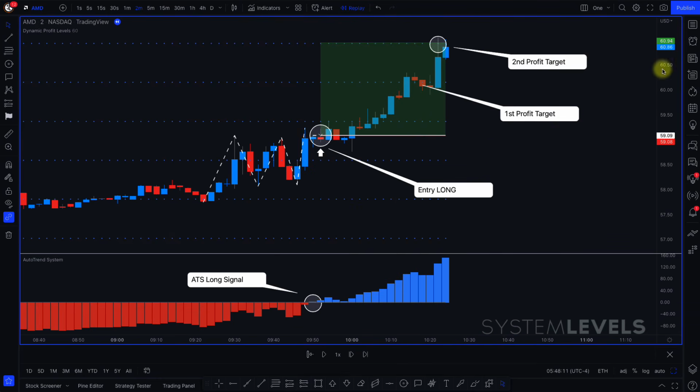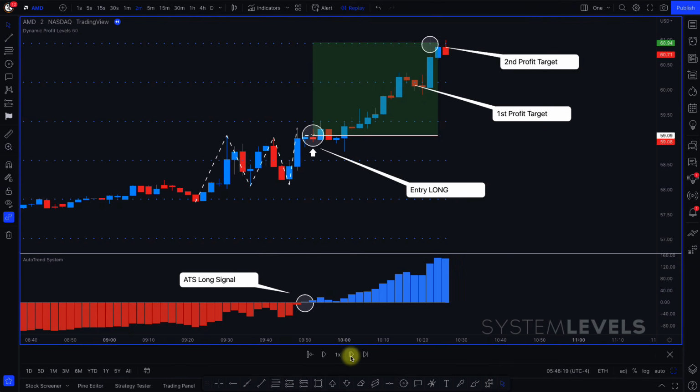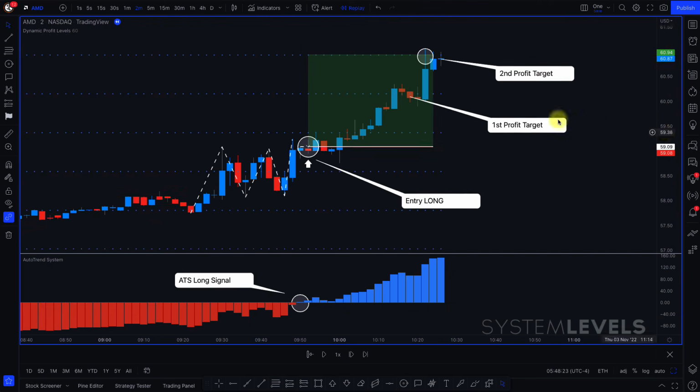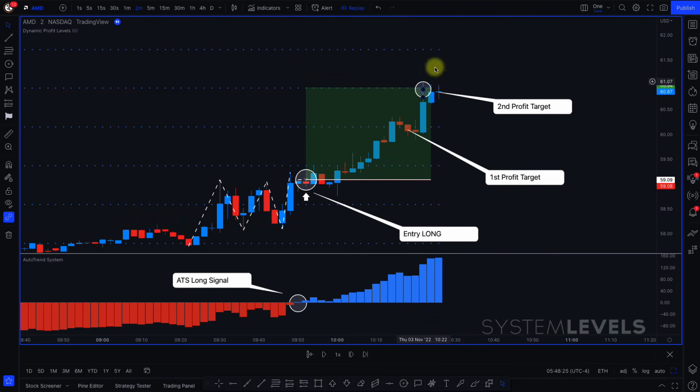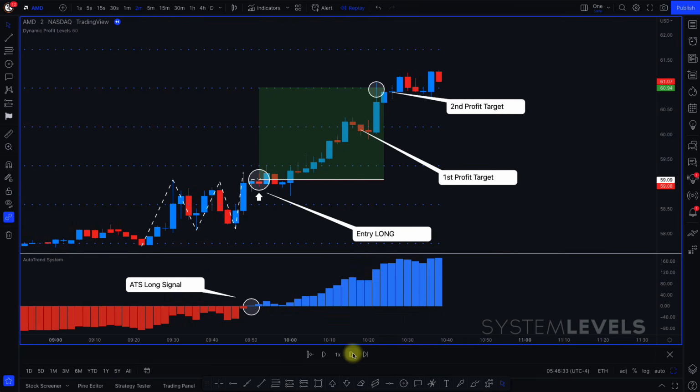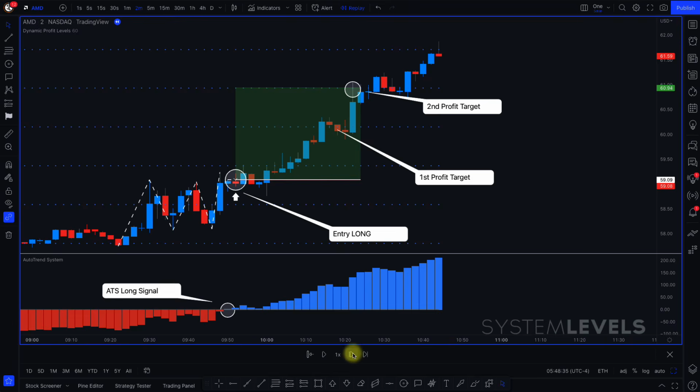At that point, we have just one final piece of our position left. So 1/3 left. We have gotten paid on 2/3, and at that point we need to see price going above and hitting our third dynamic profit level. At that point, I will sell my last third of my position and that trade will be officially over.